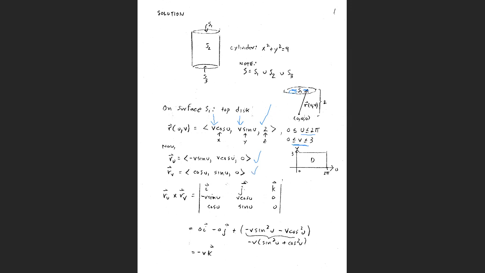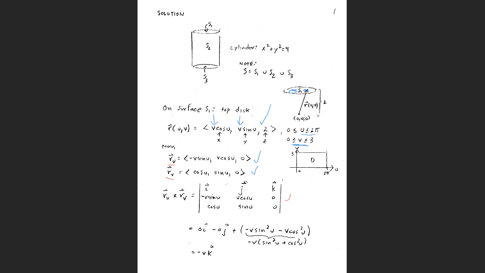Of course, for the derivative of the vector r with respect to u, we hold the v constant, and for the derivative with respect to v, we hold the u constant. And so that will be our derivative vector. And now all we need to do is get the cross product.